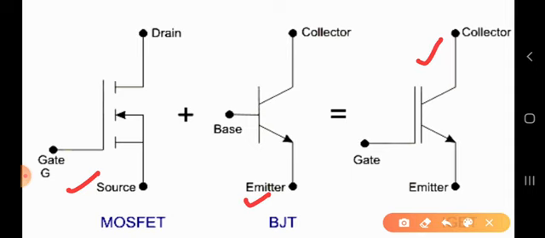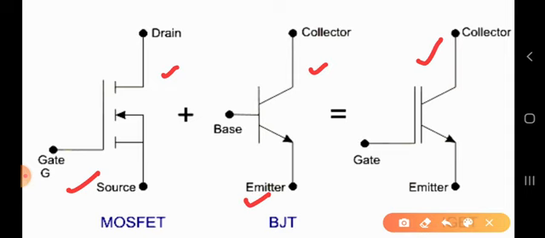This is called an IGBT. What we have done here is made a combination of both the MOSFET and BJT, and with the help of these two symbols we have created an IGBT.